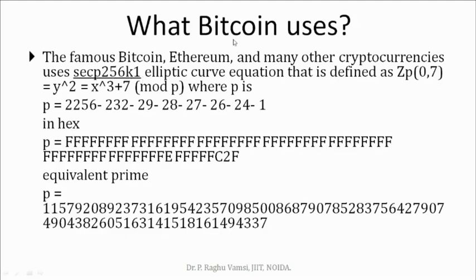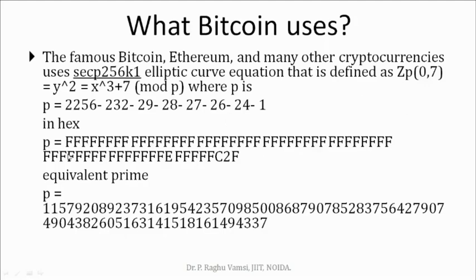So the Bitcoin blockchain will use this curve, with the equation over Zp with (0, 7): A is 0 and B is 7. That means y square is equal to x cube plus 7.